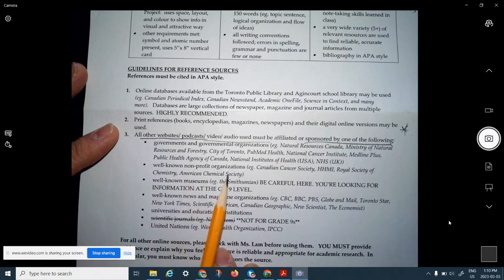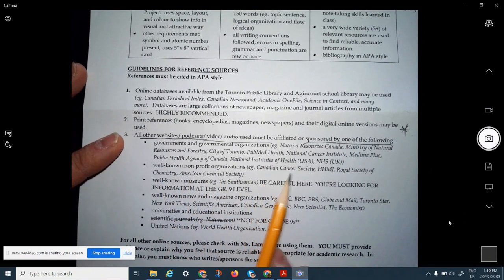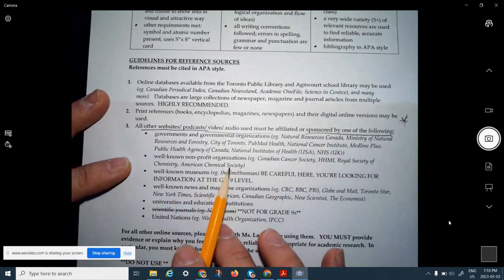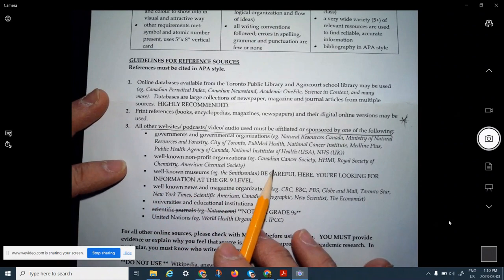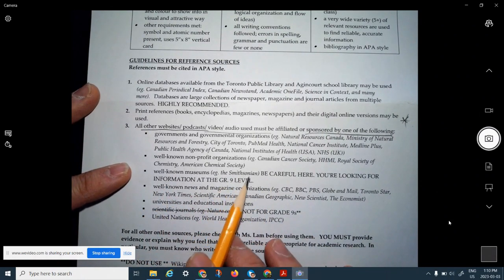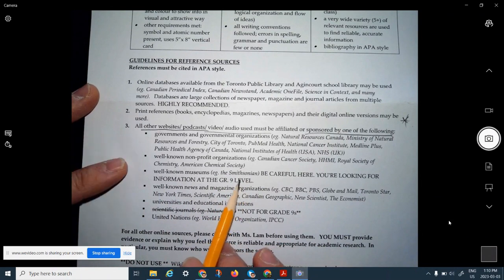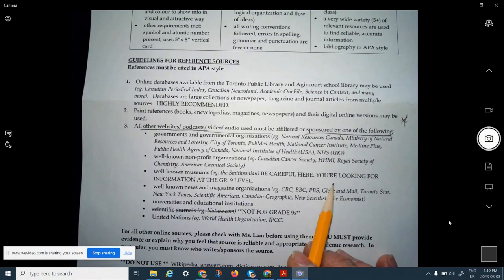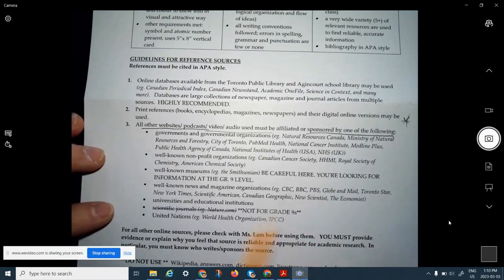Well-known nonprofit organizations like Canadian Cancer Society, HHMI, Royal Society of Chemistry, American Chemical Society, those are also good ones. Well-known museums, Smithsonian, but sometimes you have information that's beyond grade 9 level. So this is a part that could be tricky for you.